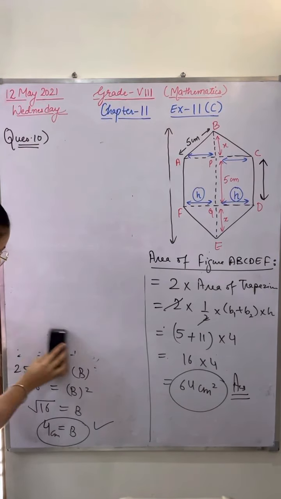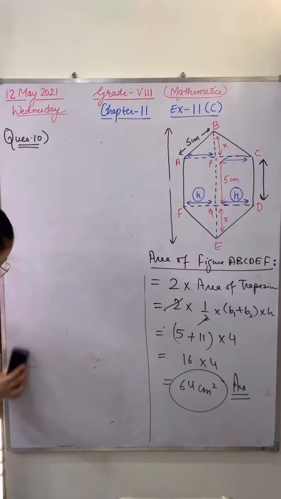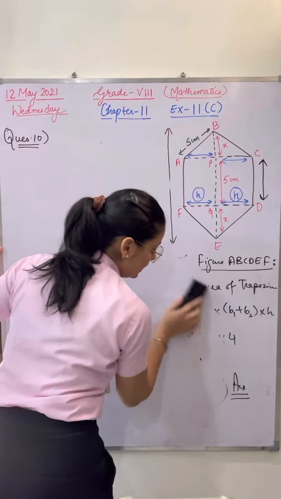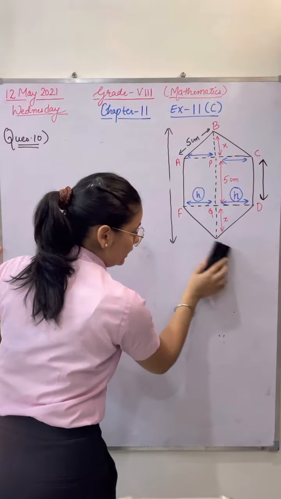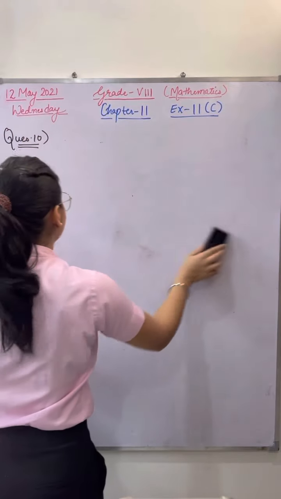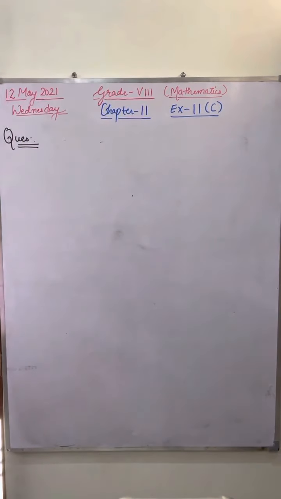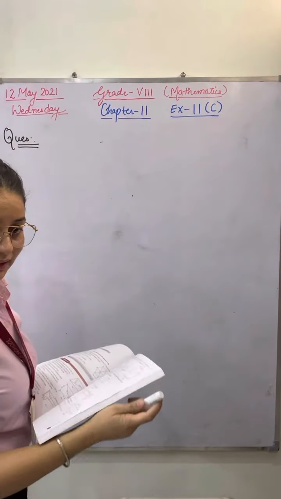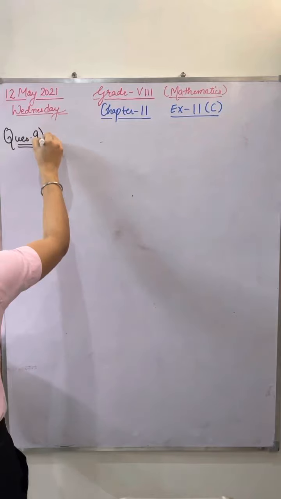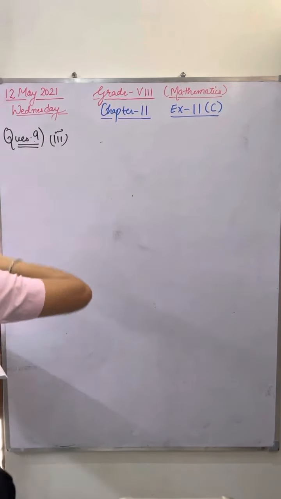Yes or no? Only one part I gave for the homework. I'm going to make a figure of that part and then I'll unmute any of the students and ask which part I gave you for the homework. Be attentive in the class. Third part. Yes, Shraddha, very good. The 9th question, third part, I gave for the homework.